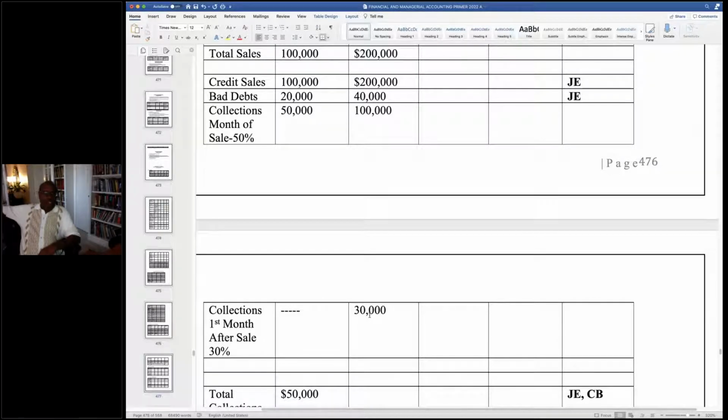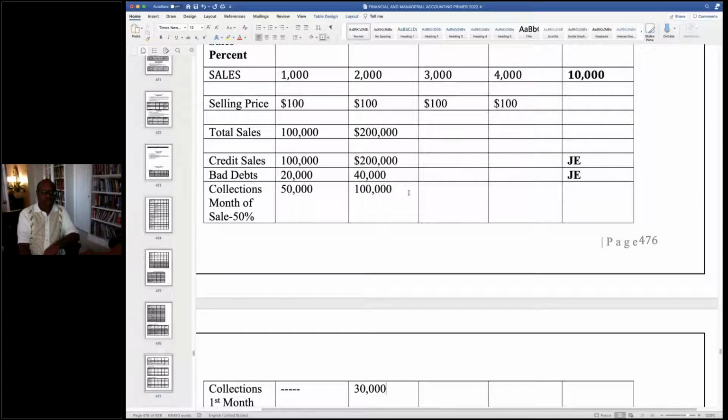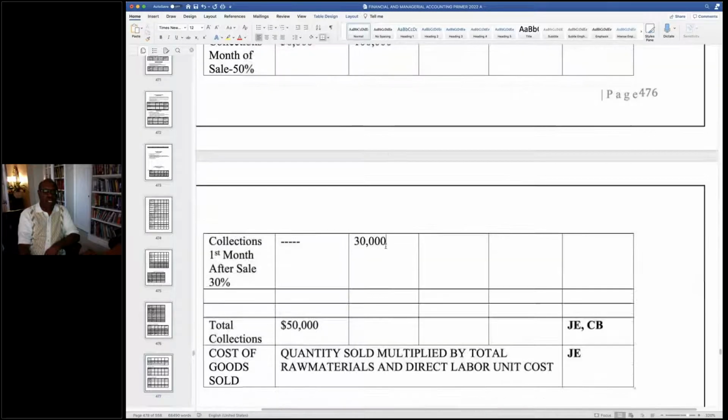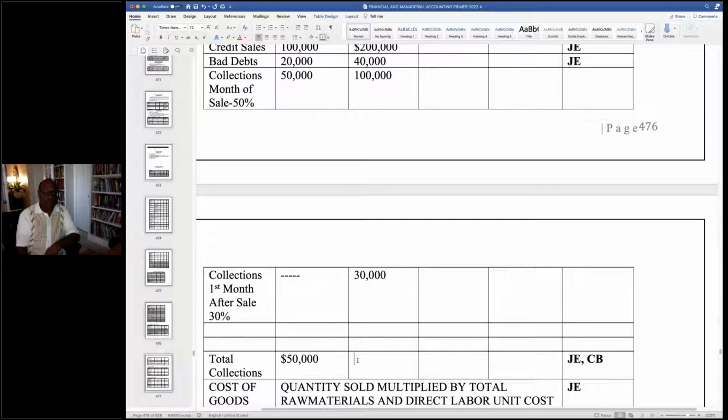You pay half down in August, then some in September and October. We're just looking at it from the standpoint of the company receiving it. So they make the sale, get half the collections, then they get the other 30%. So their total collections in the second quarter are $130,000.